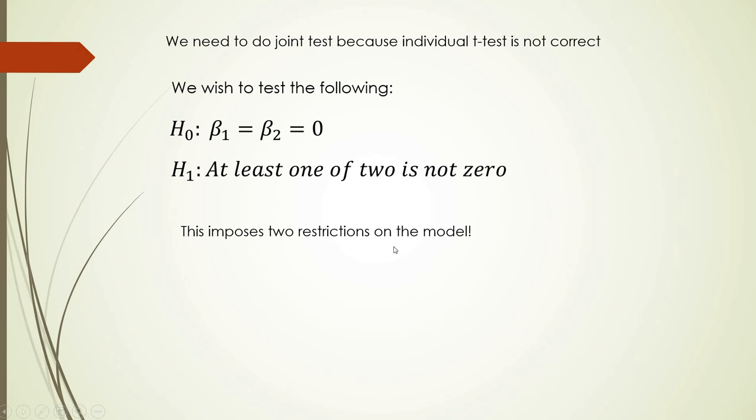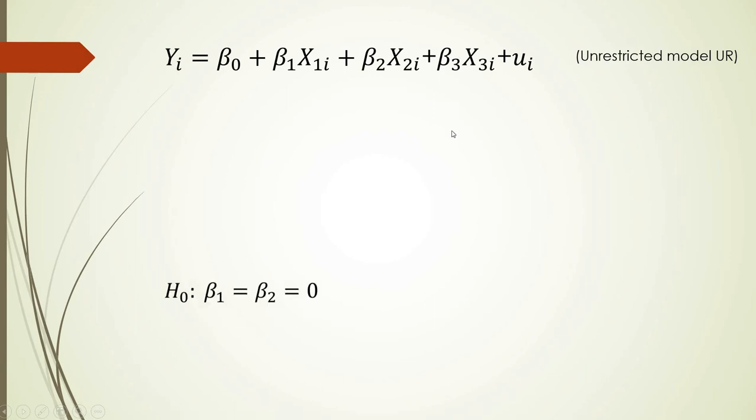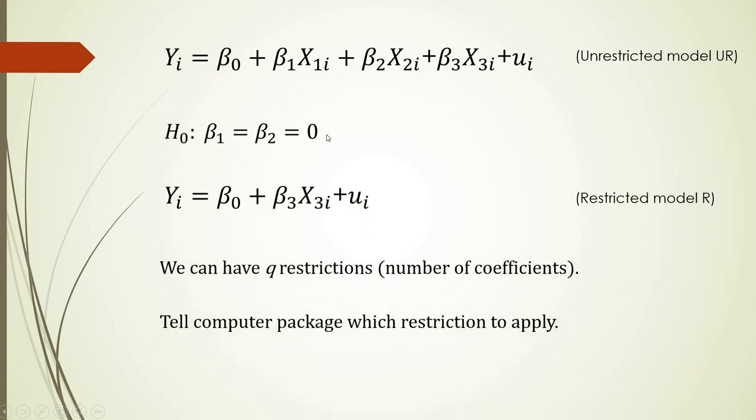We actually now have two restrictions on our model because we have included in our hypothesis two coefficients. So if we compare the unrestricted model, so this is the whole model where we have all three independent variables with coefficients, and if we impose this hypothesis, we actually have two restrictions. We are losing this element here, beta 1, and this element here, beta 2.